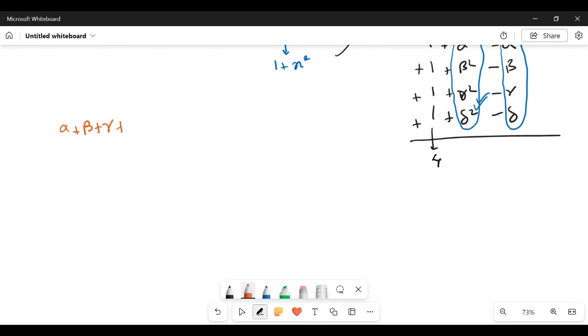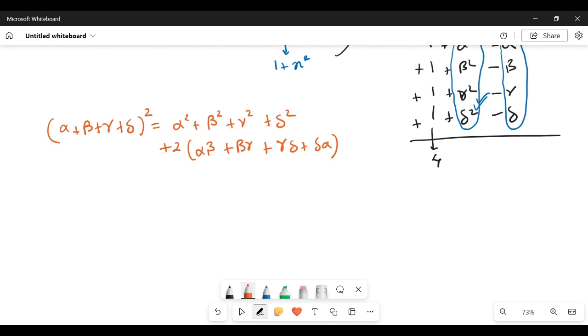So let's write it and simply square it. That would give us alpha square plus beta square plus gamma square plus delta square plus 2 times alpha beta plus beta gamma plus gamma delta plus delta alpha.